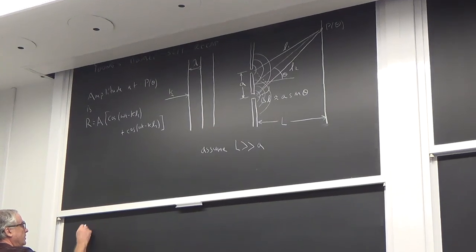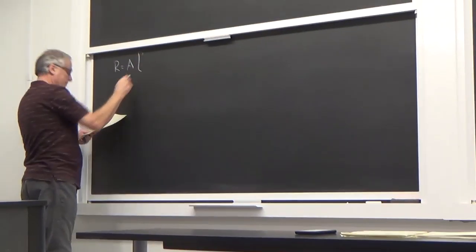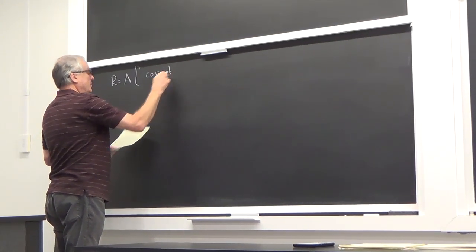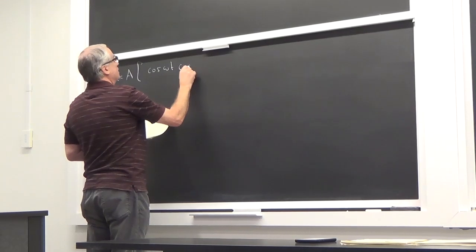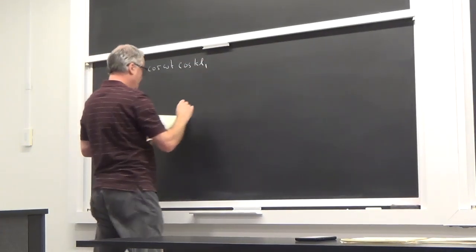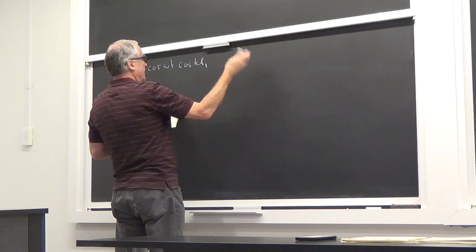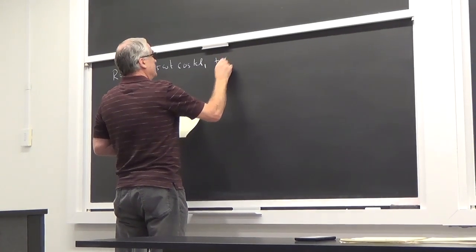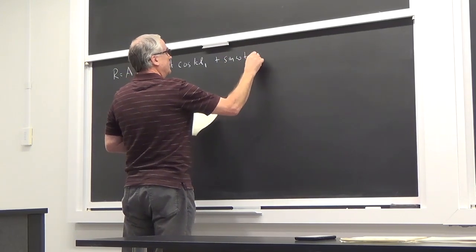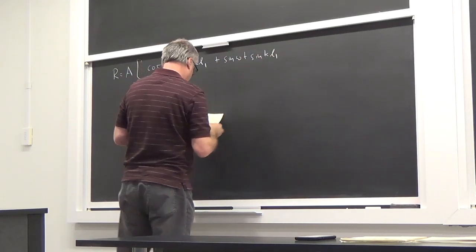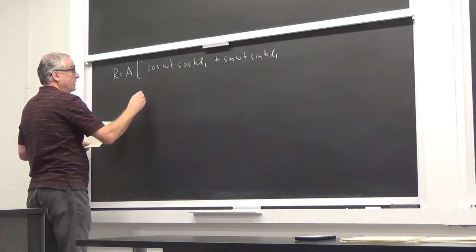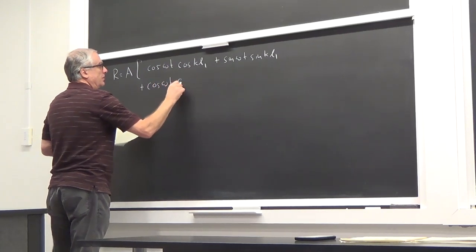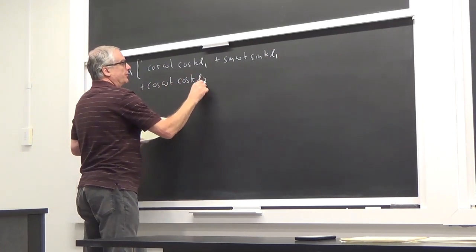So we get, I could just split these up: cosine omega t, cosine KL1, and then it's minus sine A sine B, because there's a minus sign here, plus sine omega t, sine KL1. And then the same thing for the KL2.